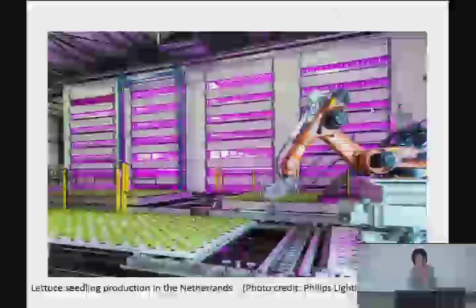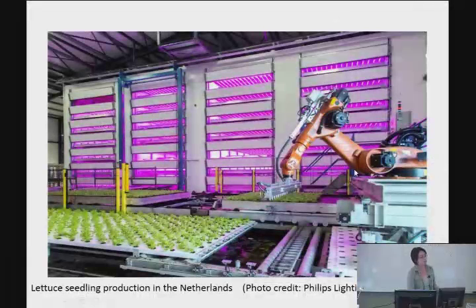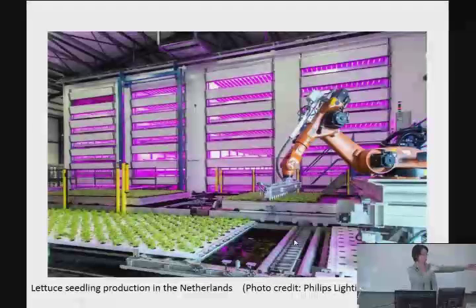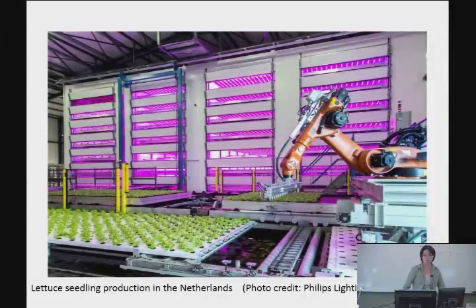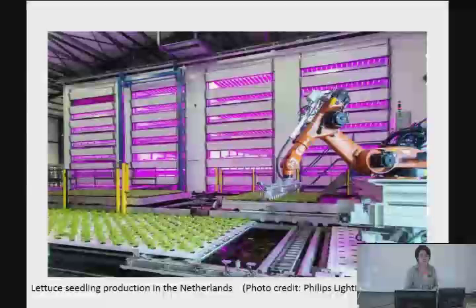So this machine or robot is transplanting the seedlings grown in a multi-layer LED system, and then those trays are going to be transported to the greenhouse to finish the rest of the production, maybe 3 weeks or 4 weeks additionally. So it's a very impressive facility. I had the opportunity to actually walk through that system, which was amazing. It was quite amazing.